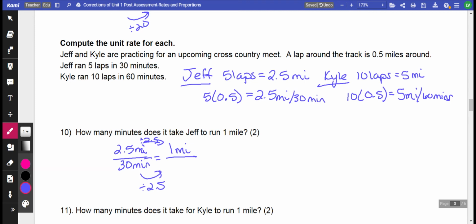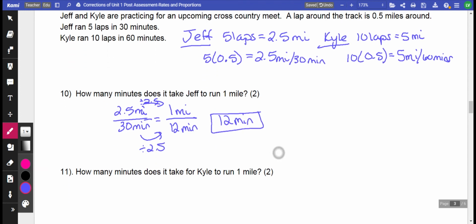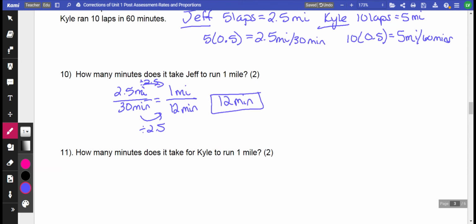So 30 divided by 2 and 5/10 is 12 minutes. So it takes Jeff 12 minutes to run 1 mile. For number 11, how many minutes does it take for Kyle to run a mile? Well, just like we did with Jeff, I'm going to put my information of 5 miles per 60 minutes. I want to know for 1 mile, so I'm going to divide the numerator by 5 and then the denominator by 5, which gives me 12 minutes.